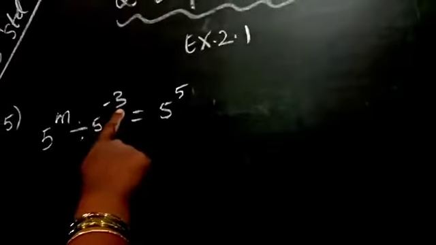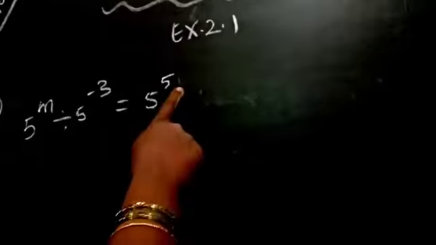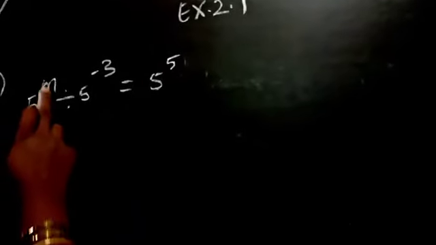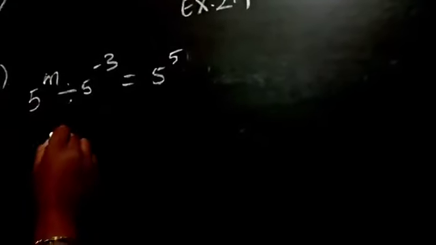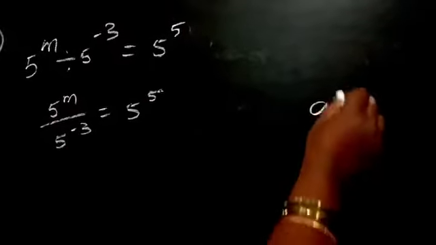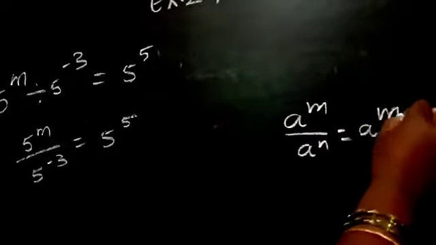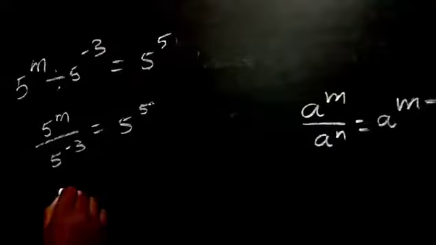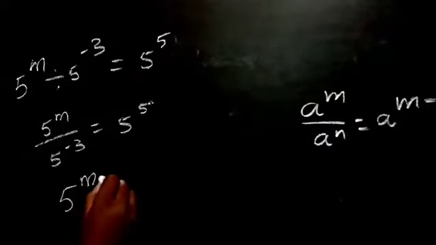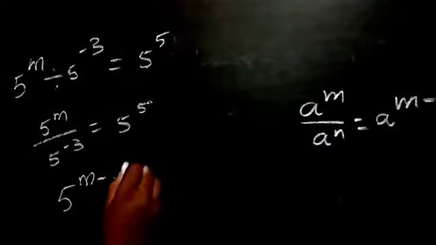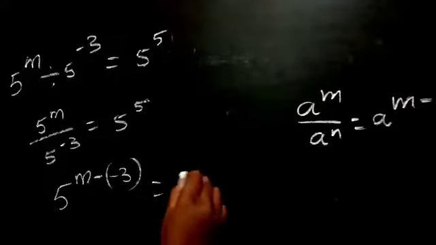Find the value of m for which 5 to the power of m divided by 5 to the power of minus 3 is equal to 5 to the power of 5. Now we have to find the m value. So we can write a power m by a power n equal to a power m minus n. So 5 power m minus of minus 3 is equal to 5 power 5.